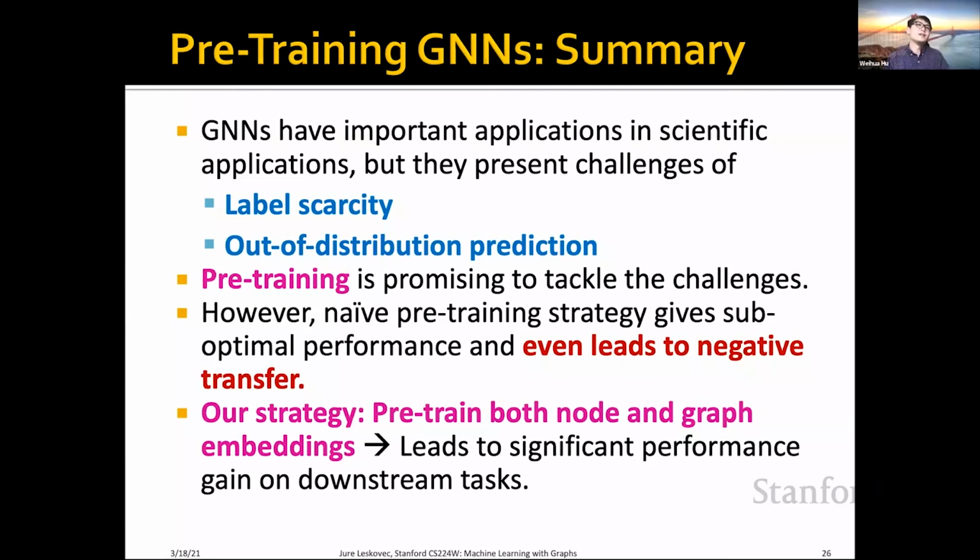However, we found that the naive strategy of supervised graph level pre-training gives suboptimal performance and even leads to negative transfer. And our effective strategy is to pre-train both node and graph embeddings. And we found this strategy leads to a significant performance gain on diverse downstream tasks.